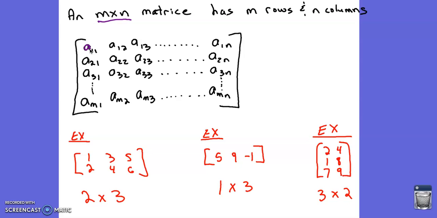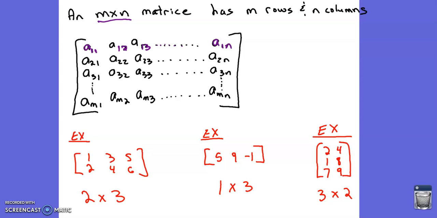So here you have row 1, and it has to be column 1. And then if we go to the right, this is row 1, but it's column 2. Row 1, column 3. And then I put the dot, dot, dot because we don't know how big this matrix is. So we're going to go all the way to row 1 and to the nth term.